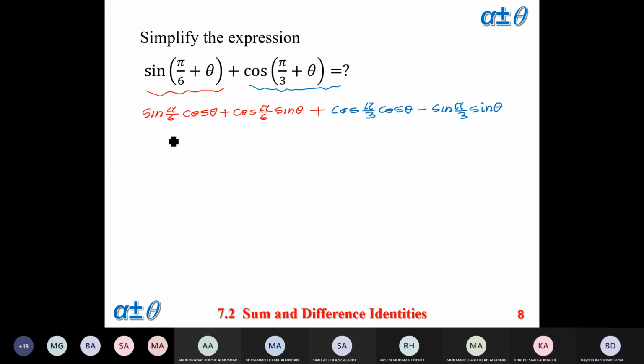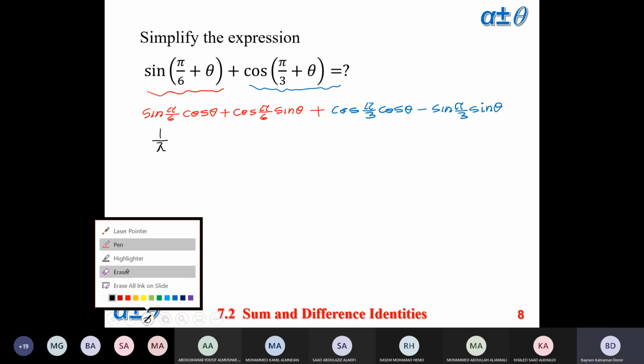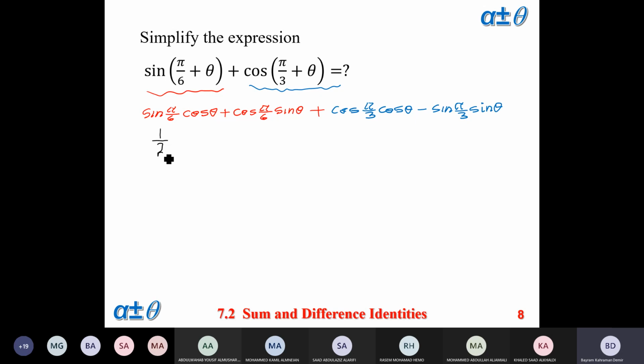Everybody knows that. 1 over 2 times cosine theta, and plus root of 3 over 2 sine theta, plus half times cosine theta minus root 3 over 2 sine theta. Yes.